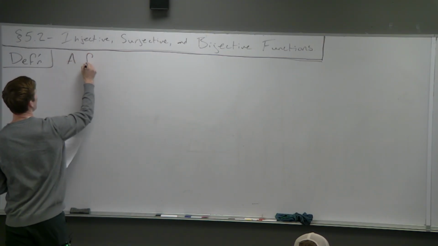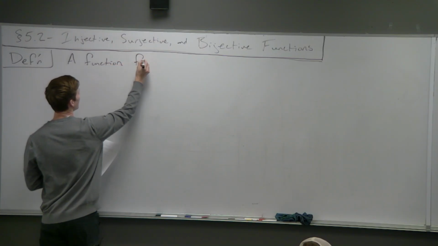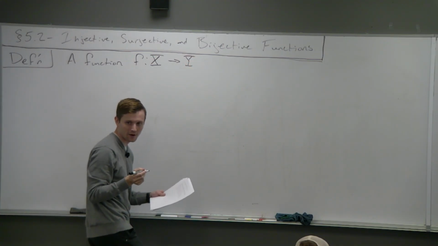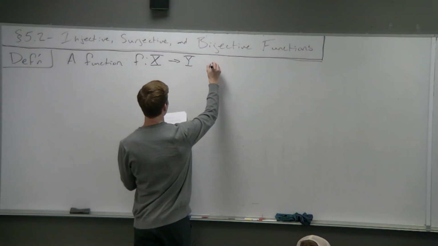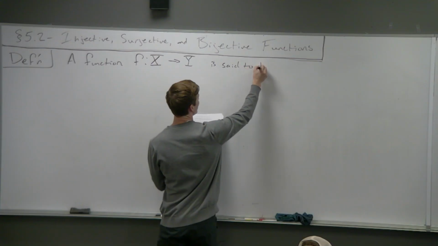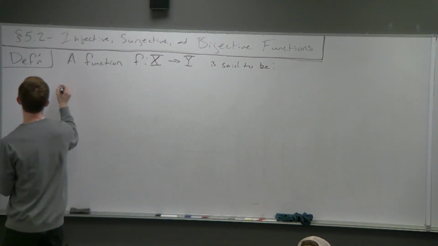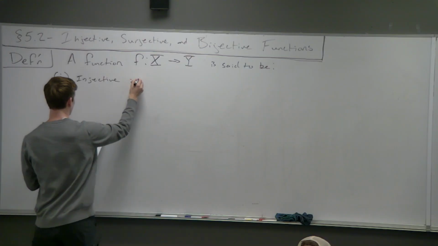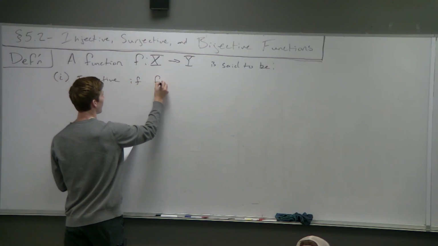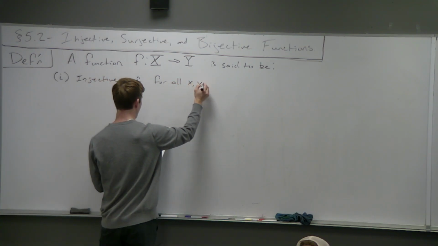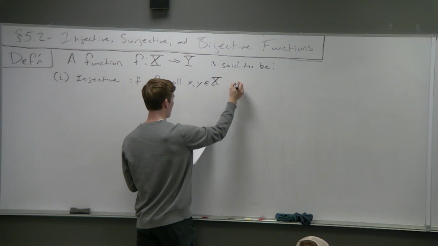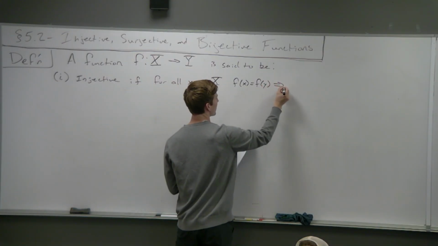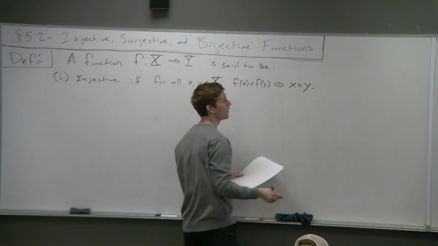So, a function f from a set X to a set Y, which I will write with bars to make it clear that they are the capital letters, is said to be, here are the three possibilities. 1, injective, if for all x and y in X, f of x equals f of y implies that x equals y.